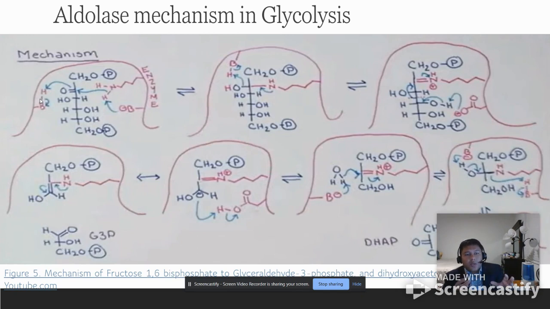Amino acids are monomers that build up polypeptides, and those polypeptides are proteins, and that's what creates the enzymes. Enzymes are utilized to speed up the reactions of biological molecules.